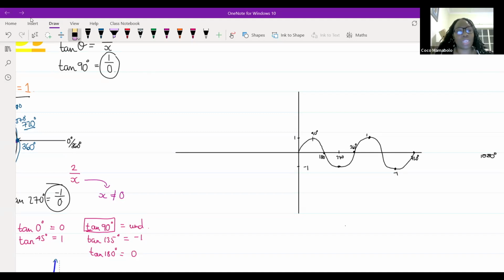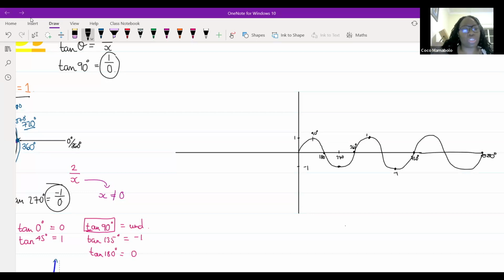No, it's 1080. What would happen then? Because from 0 to 360 and then from 360 to 720, would the shape change? No, it's going to be the exact same shape. Again, going all the way through. The shape is not going to change.